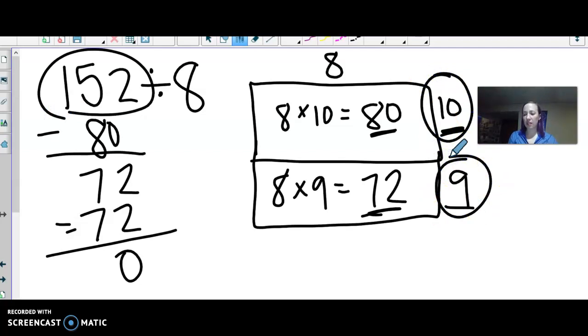I can add these pieces, 10 plus 9 to give me 19. Okay, so then I know 8 times 19 is going to give me 152. So that means 152 divided by 8 is 19. Let's do another example.